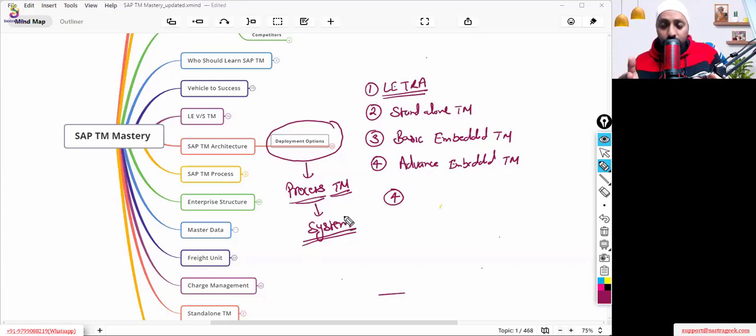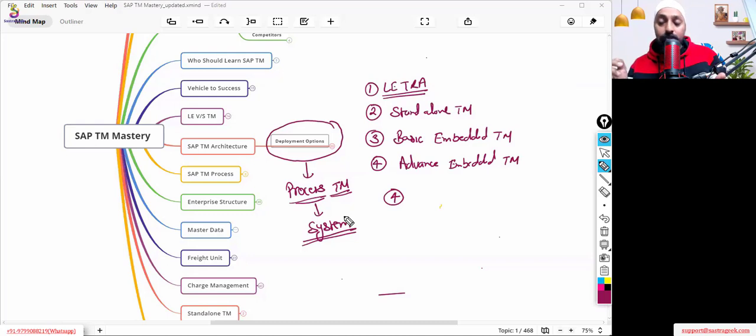We understand the terminology and some basic part of TM. In the next session, we'll be going into the deployment option. What is standalone TM? What is embedded TM? How we need to suggest to our client where they need to go for standalone and where they need to go for embedded. And then we'll be jumping into the end-to-end process in TM in SAP S/4HANA, and then running that process in the system.